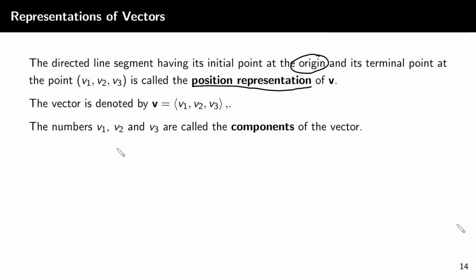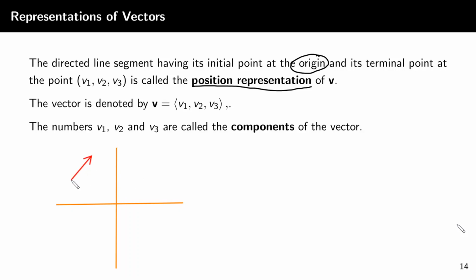So let me draw an example. So suppose this is our x and y axis. And then I have a vector here. Let me erase this. Okay.